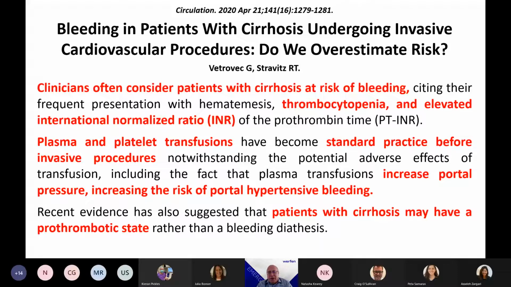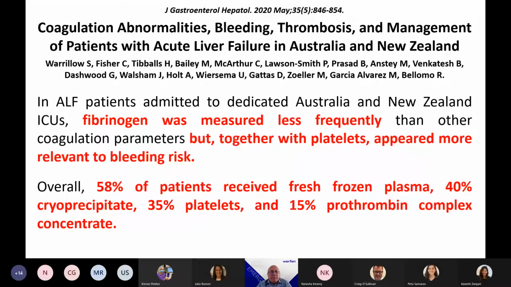We have an increased INR, but more than 50% of these patients have at least a partial portal vein thrombosis, which should not happen in a patient with a high bleeding risk. And this is also a paper from 2020, even from patients with acute liver failure in Australia and New Zealand.